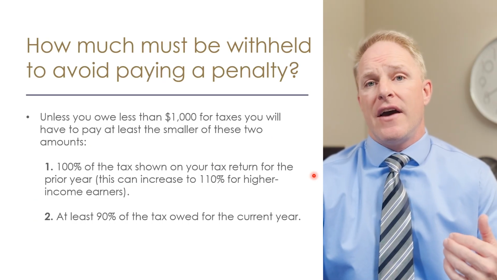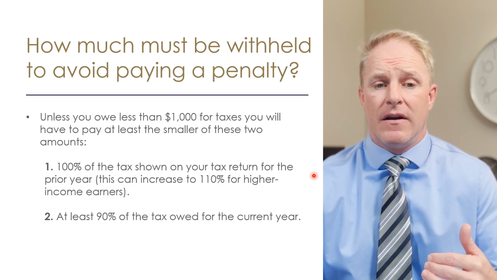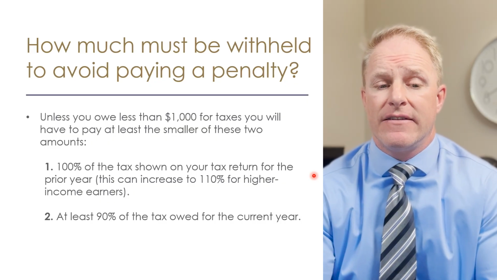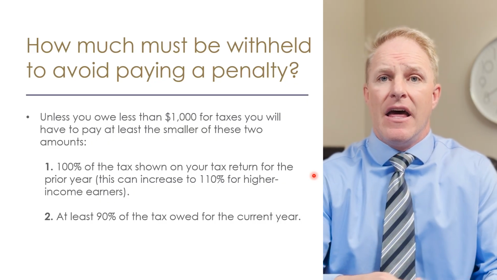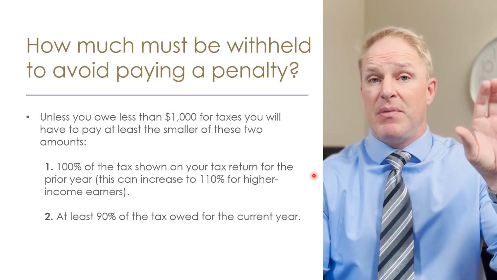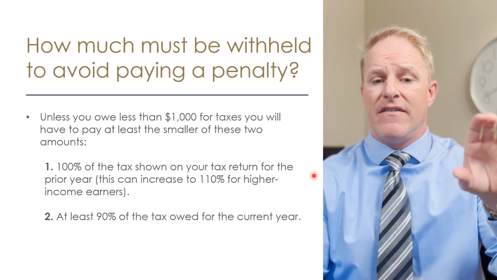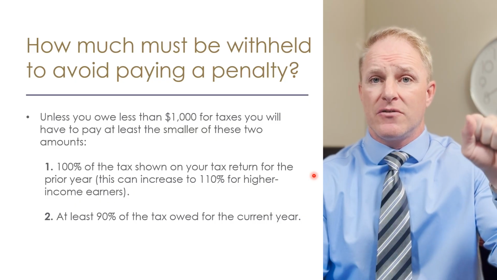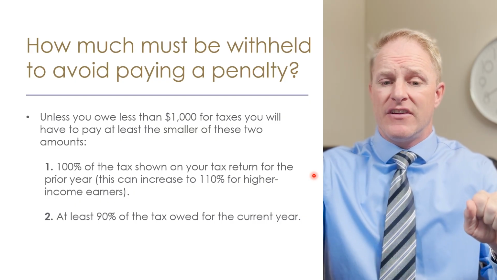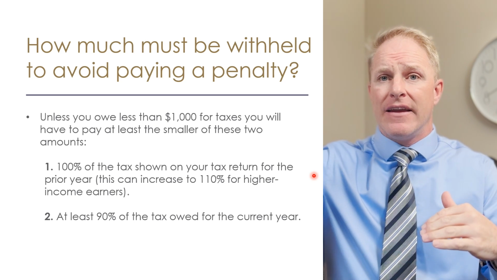So how much do you have to withhold to avoid paying a penalty? Unless you owe less than $1,000 in taxes, you will have to pay in the lesser of the two amounts that I'm going to go over right now. You have to pay in at least 100% of the tax shown on your tax return from the previous year. It could be as high as 110% if you are a high income earner.